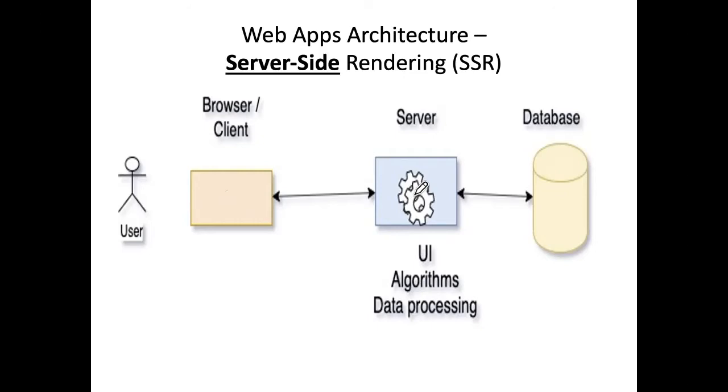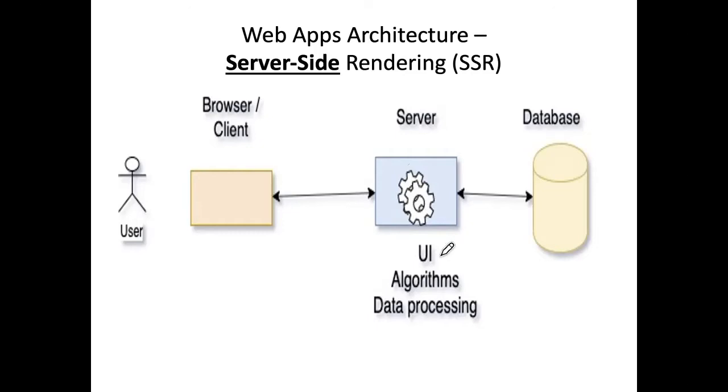So the user might be navigating around the app, or the user might have filled out some sort of form and clicked submit, and as a result of the submit, some new information is displayed back to them. Whatever the nature of it is, it was always the server that was responsible for generating the user interface, the next page that the user saw on the screen.